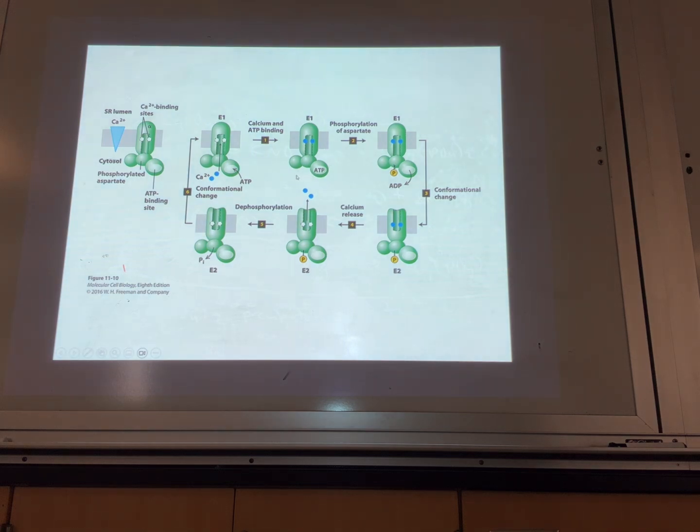Once again, the pumping is happening from inside in the cytosol out into the lumen if it's in the plasma membrane. If it's located in the sarcoplasmic reticulum, once again, the cytosol will be outside. The inside will be the lumen of the sarcoplasmic reticulum. So lumen here could be either outside of the cell or in the sarcoplasmic reticulum.